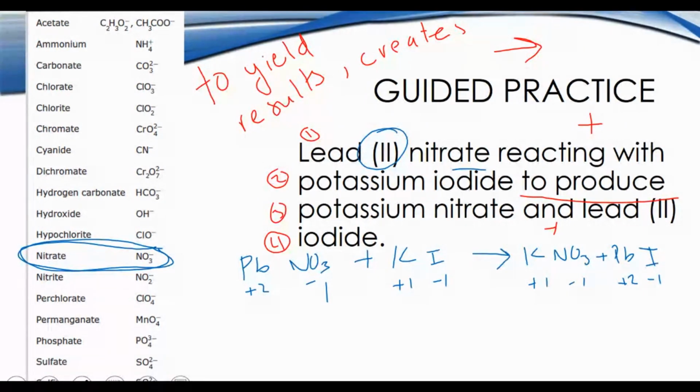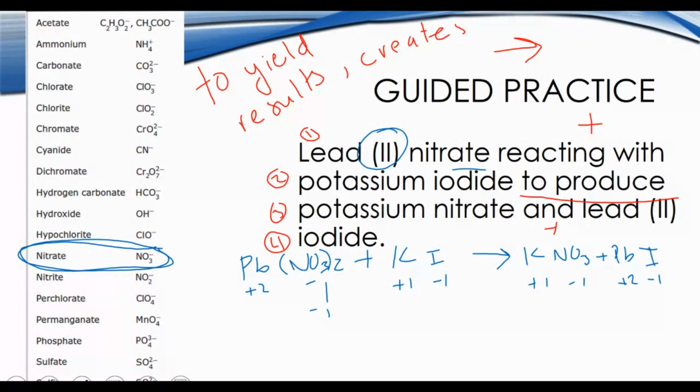Now, because all of these compounds are ionic compounds, their charges must equal 0. So I'm just going to go by very quickly and figure out how many of each I need to make them equal 0. Remember, add more of each that you need to make them equal 0. Potassium iodide, those are already equal to 0, so those are good.